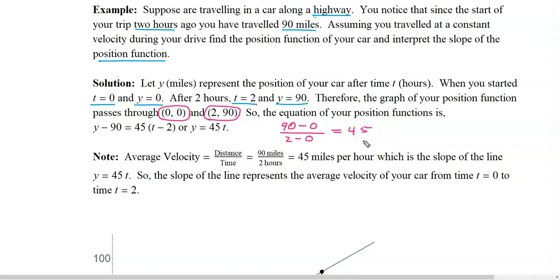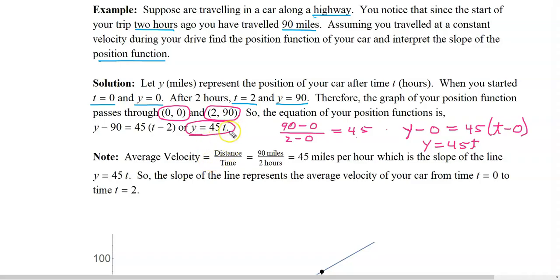And then the equation of the line is just going to be y minus, we'll pick one of these points like (0, 0), y minus 0 equals 45 times x minus 0. So in other words, we'll put t in place of x, we'll use the letter t for time. And we get the equation of our position function, y equals 45t, which we have right here.